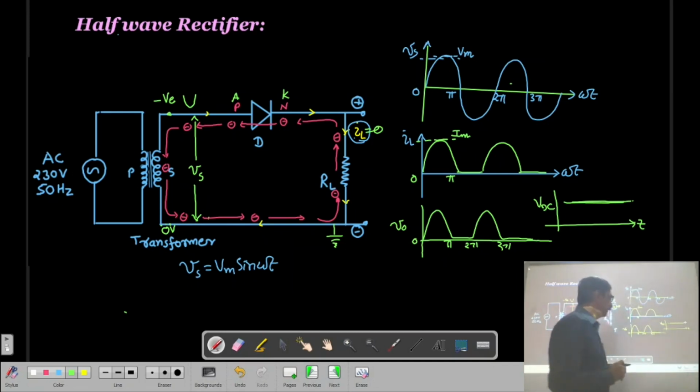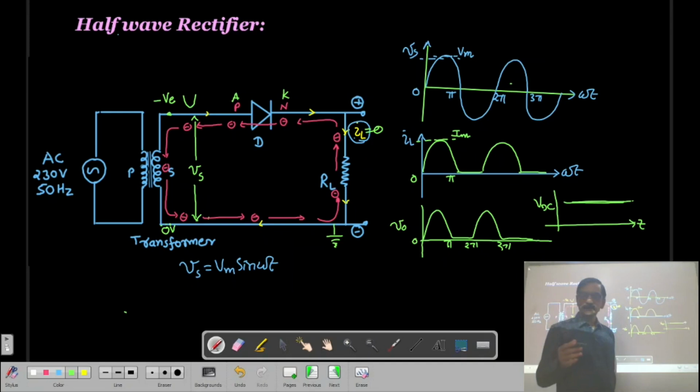But here if you look at this, what is the AC voltage? AC voltage is increasing or decreasing, meaning the AC voltage will continuously increase and then decrease, and at regular intervals it will also change direction.